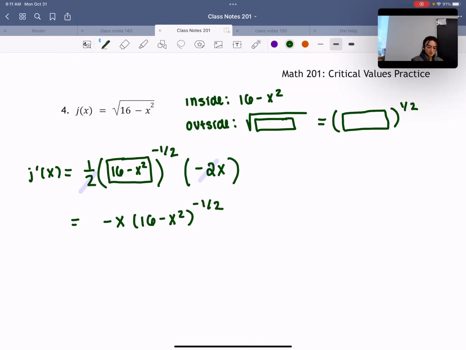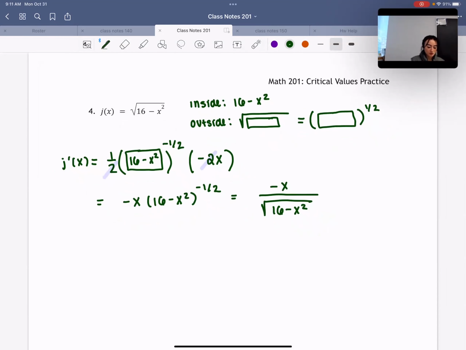Any way I can simplify that even further? Negative x over the square root of 16 minus x squared. Good. The negative 1/2 brings that whole box to the bottom, and the 1/2 power is the square root. That's why this simplifies in this way.